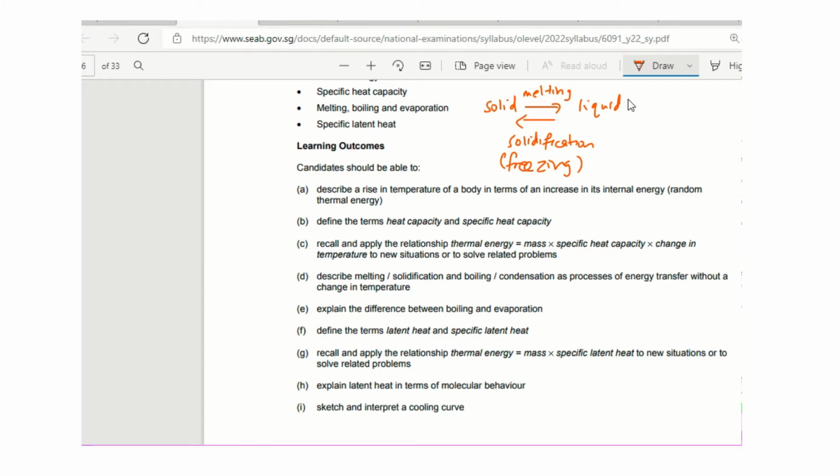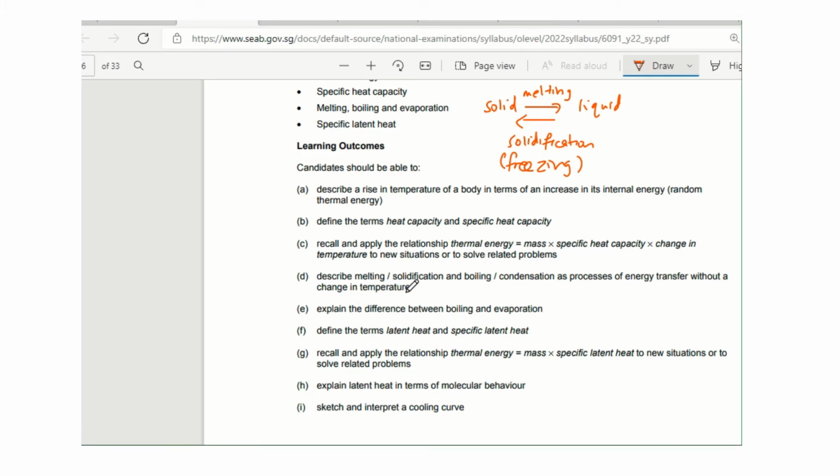Okay, but there is no change in temperature because the energy is not used to increase or change the kinetic energy, but is instead used to change the potential energy or to overcome the attractive forces between the particles. All right. Okay, so that's what this part is talking about.